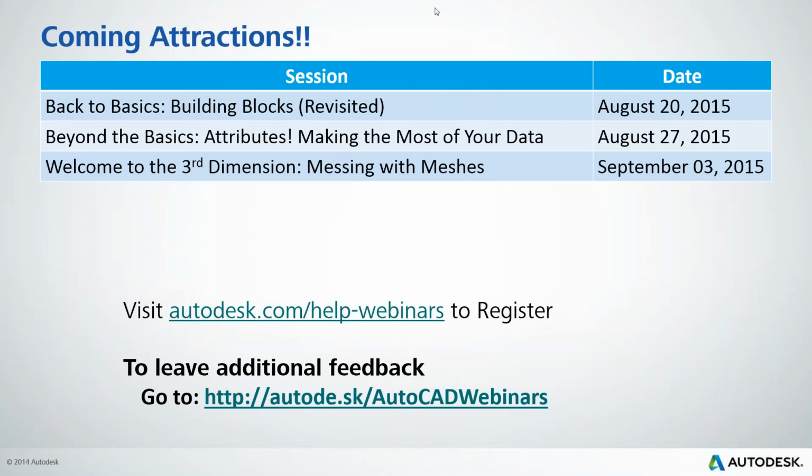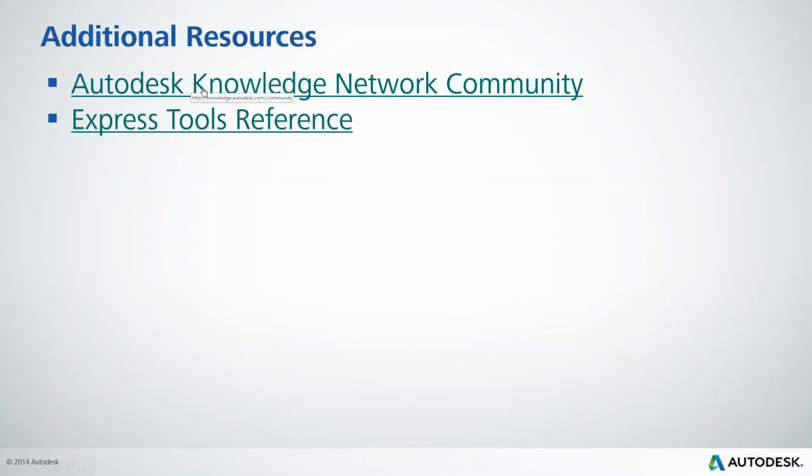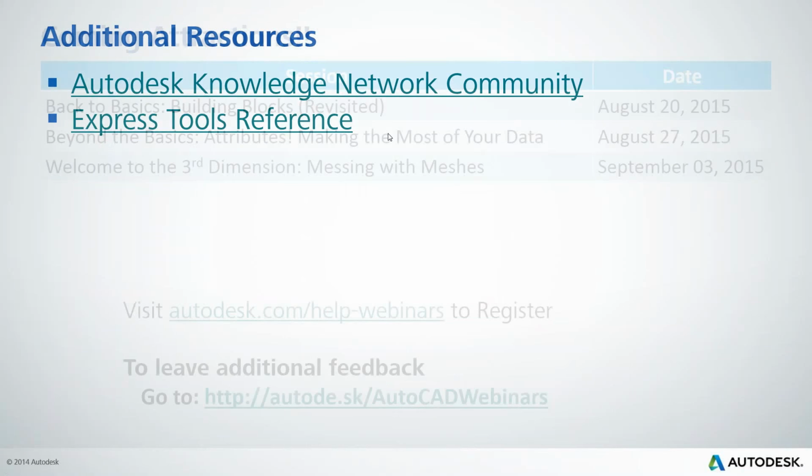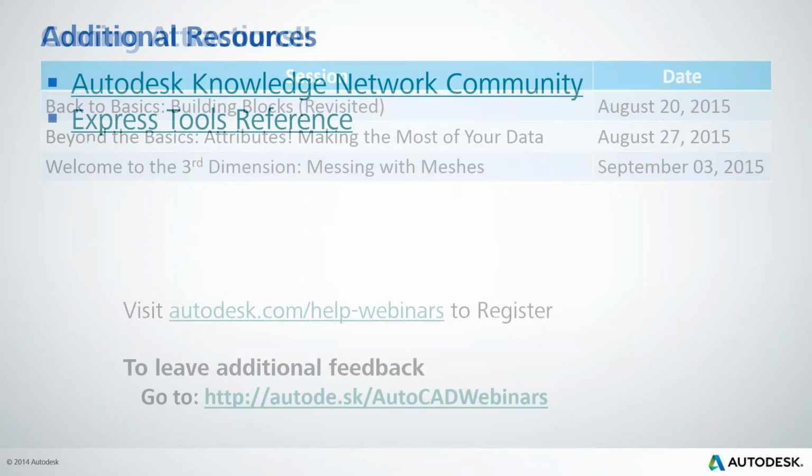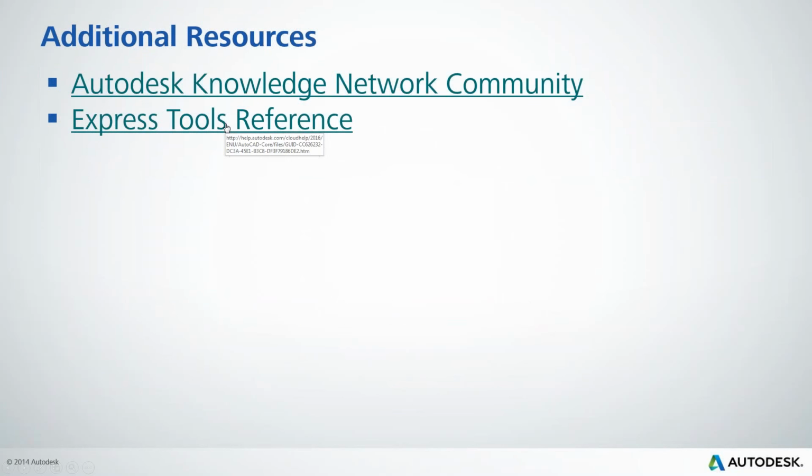Thank you. So, these are the 2 resources I spoke about. The Express Tools reference has a link to all the Express Tools commands, so it's a great thing to keep on hand. And there are quite a few that are not available in the ribbon. They're just command line only tools.